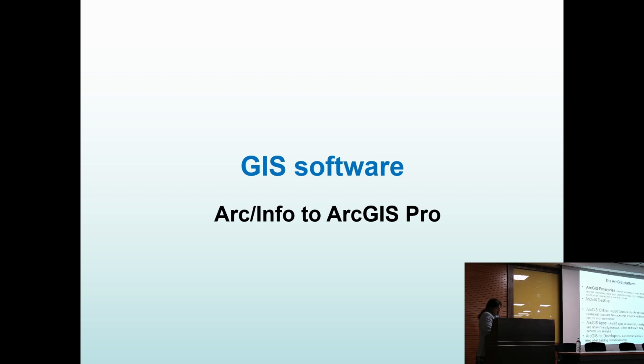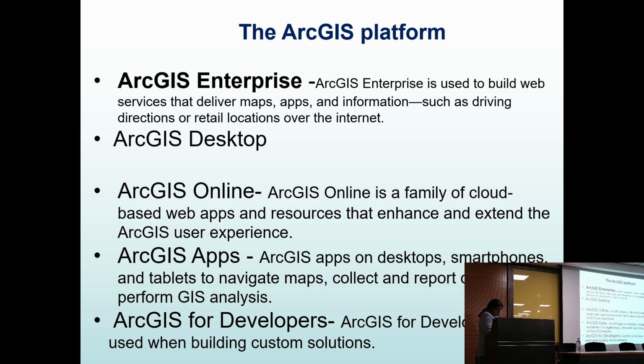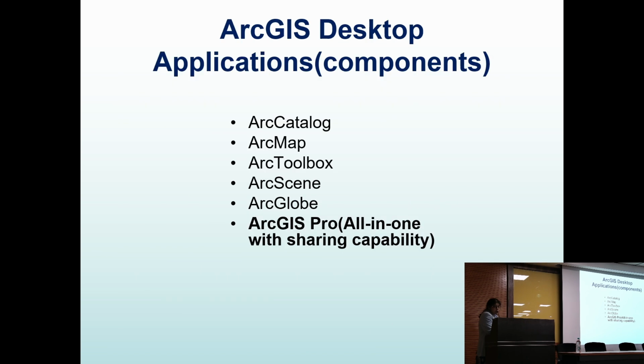So these are the different modules available with ArcGIS. Nowadays whenever you purchase an institute license, it comes under ArcGIS Enterprise. It can contain ArcGIS Desktop, ArcGIS Online, Developers, Apps, and under ArcGIS Desktop you have several modules. To develop any spatial database, three modules are always required.